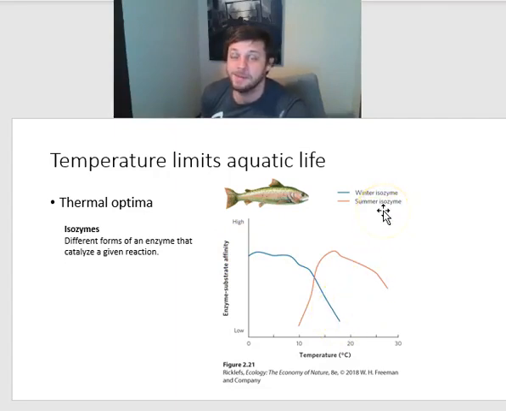But it has the same enzyme in a different shape that works really good at warm temperatures. And so with these isozymes, basically doing the same job, just a different structure, because it performs good at one temperature and not the other, an animal is able to survive and thrive in large, different temperature environments.